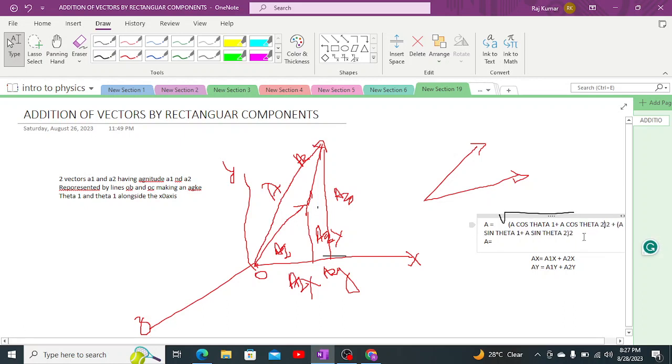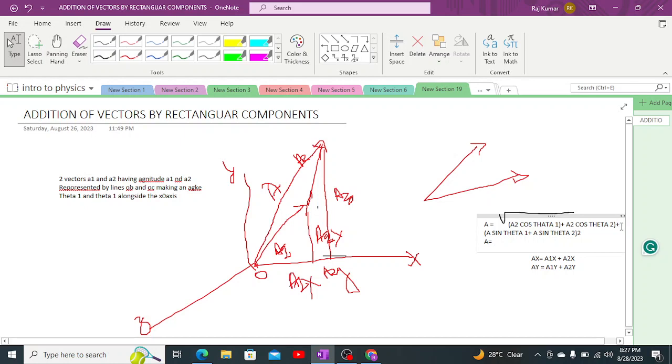Now in order to simplify them, we are going to write it in a further simplified manner. As this has a complete square, we are going to square it, so it will become A square cos square theta 1, A square cos square theta 2.